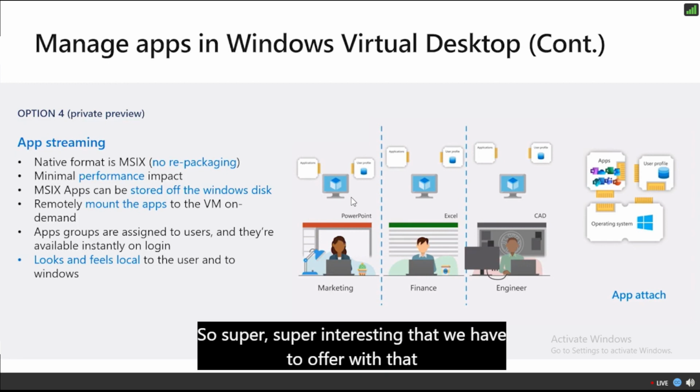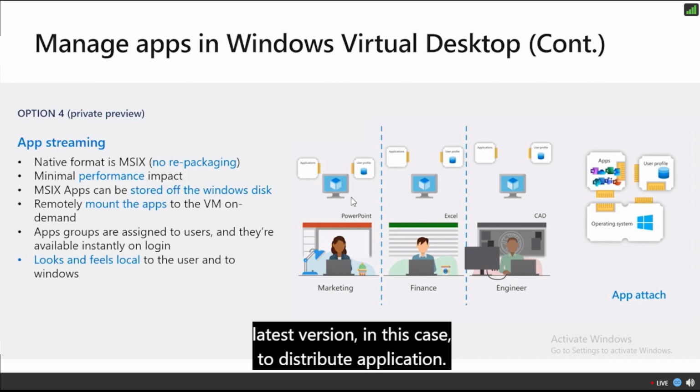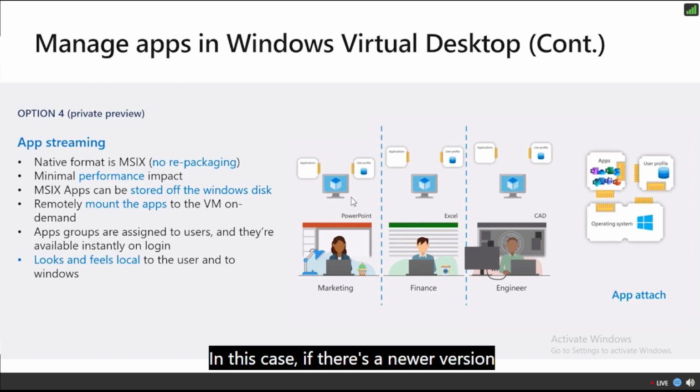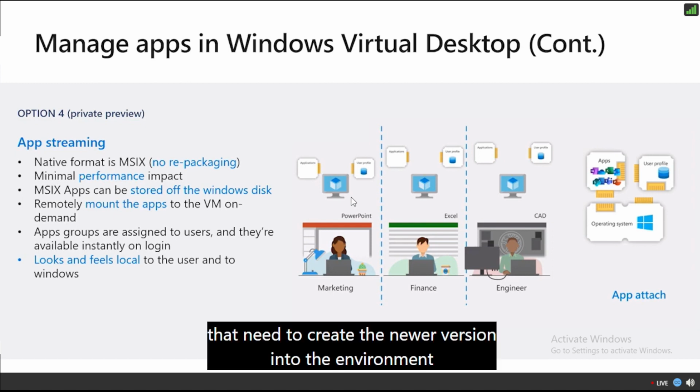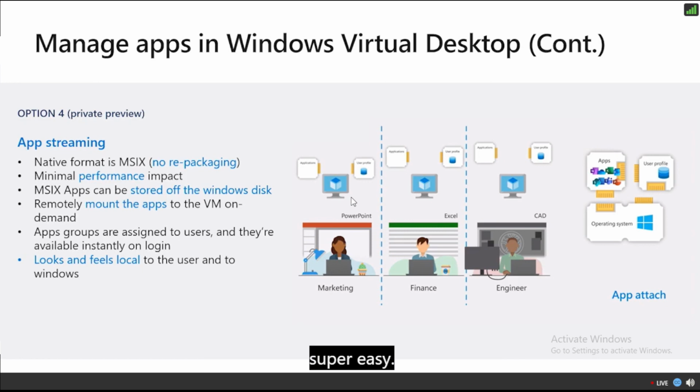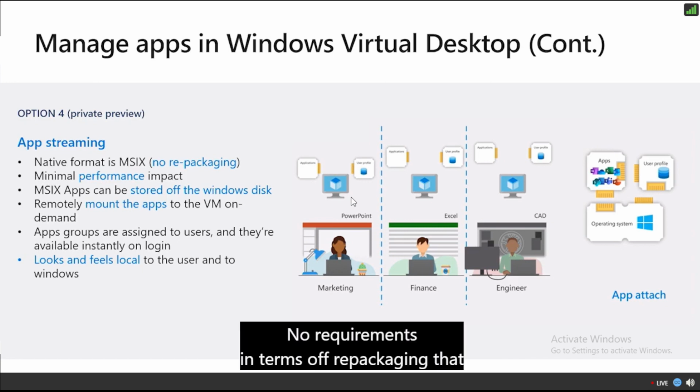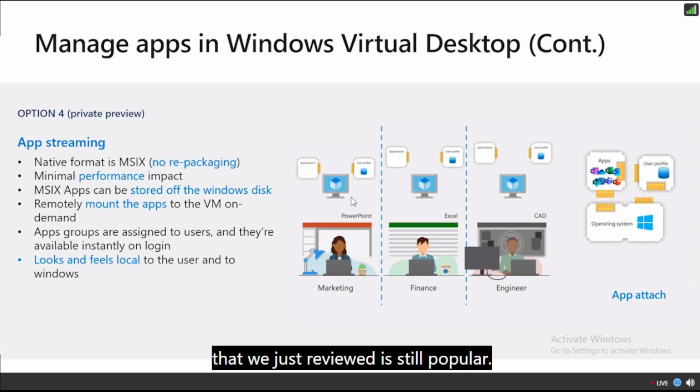So it's super interesting, what we have to offer with that latest version to distribute applications. If there's a newer version, you need to create that newer version in the environment. Super easy, no requirements in terms of repackaging the application on top of that VDI environment. So this is the highly recommended one if you're looking at those different models. Otherwise, I know option number 2 that we just reviewed is still popular.